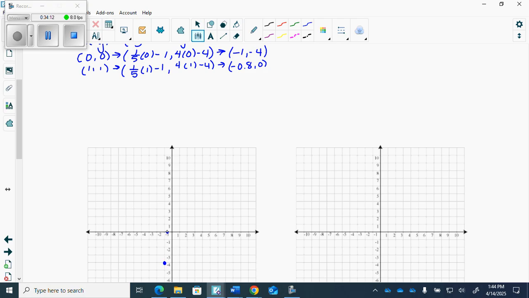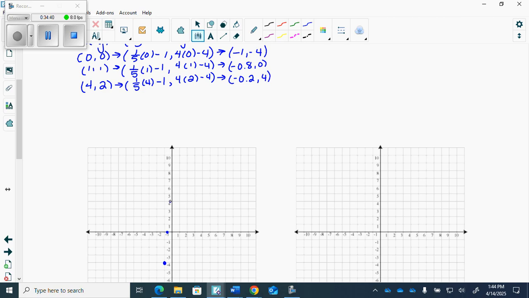And then we do (4, 2), which becomes 1/5 times 4 minus 1, comma 4 times 2 minus 4. So 4/5 is 0.8 minus 1 is negative 0.2. 8 minus 4 is 4.